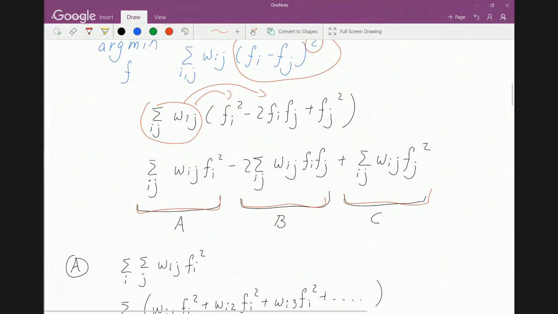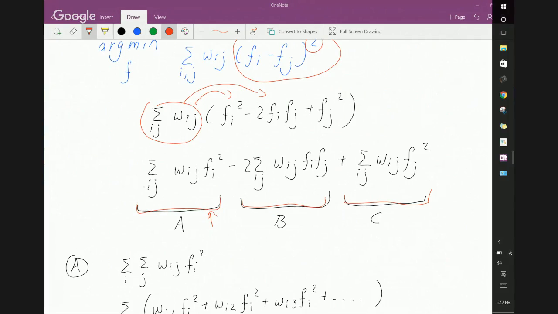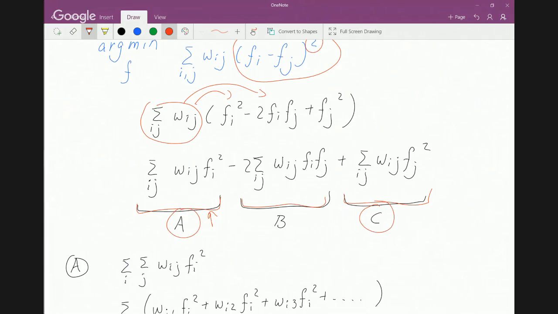Now, A and C, if you look at them carefully, are identical. Looping through Fi is the same as looping through Fj, because i and j both increase the same way.